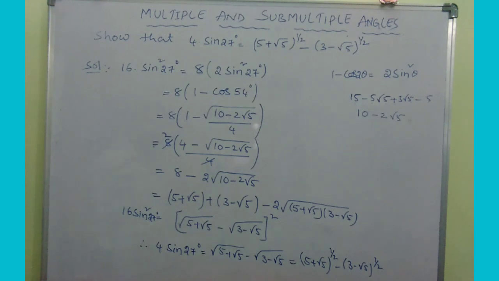So finally we proved that the value of 4 into sine 27 degrees is equals to (5 plus root 5) whole to the power of half minus (3 minus root 5) whole to the power of half.